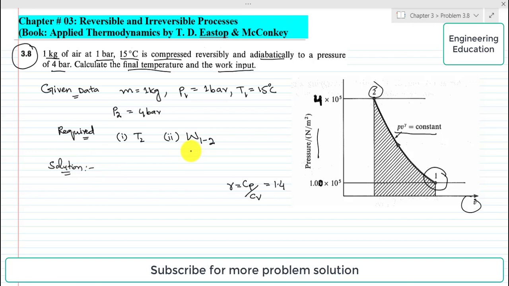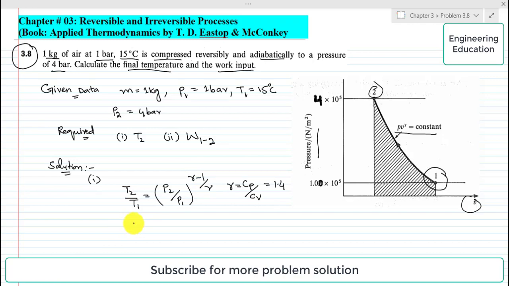So coming to the solution of the problem, the process is compression basically and adiabatic compression. So to find first the temperature after compression, that is T2, we have the temperature ratio T2 by T1 is equal to, temperature ratio is linked with pressure ratio P2 by P1 for adiabatic thermodynamic process, power gamma minus 1 by gamma.